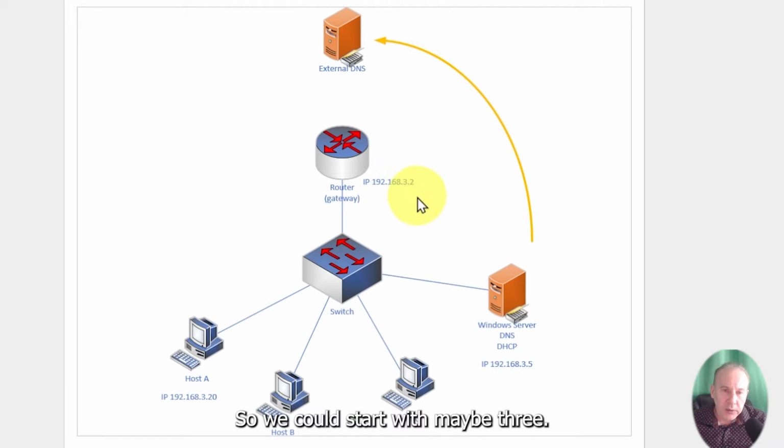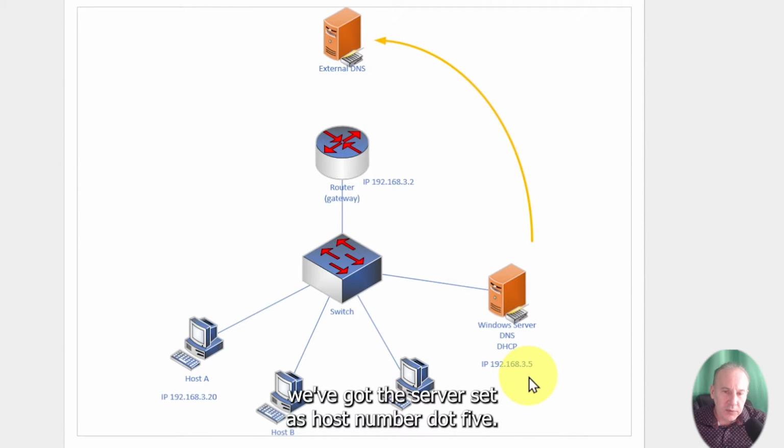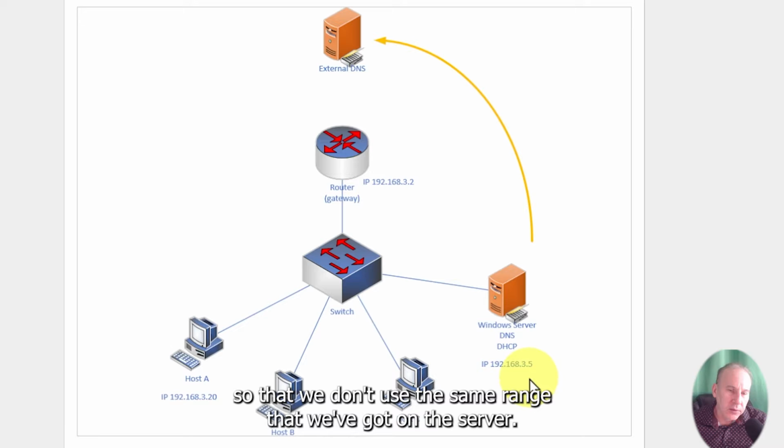So we could start with maybe 3. We could start with really any number past the router. In this case, we've got the server set as host number .5. So we might want to make the range larger than that so that we don't use the same range that we've got on the server.